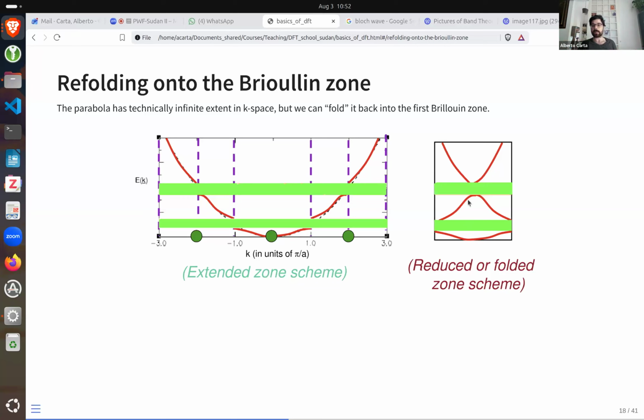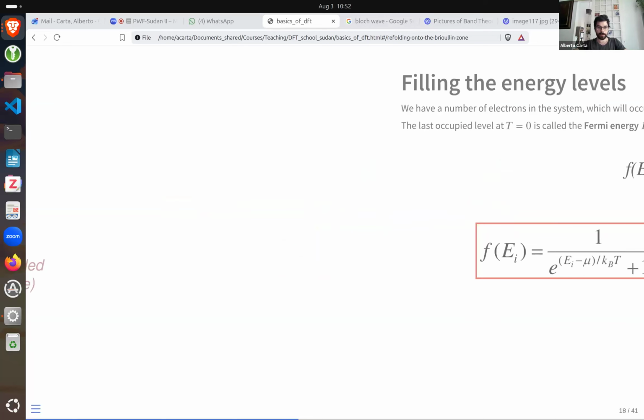So here the idea is that we have these green spaces, and these are completely empty. We have no states in there. In between these green spaces, we can observe that we have available states for the system to occupy with electrons. So this is the first idea of band structure.